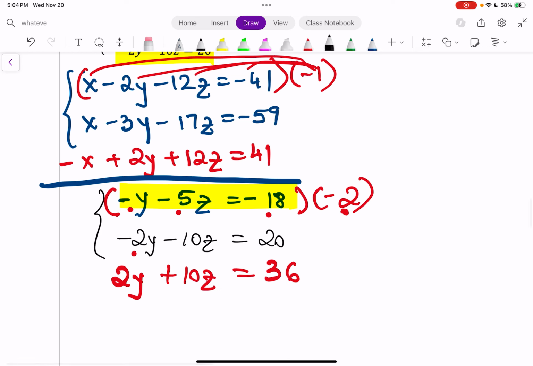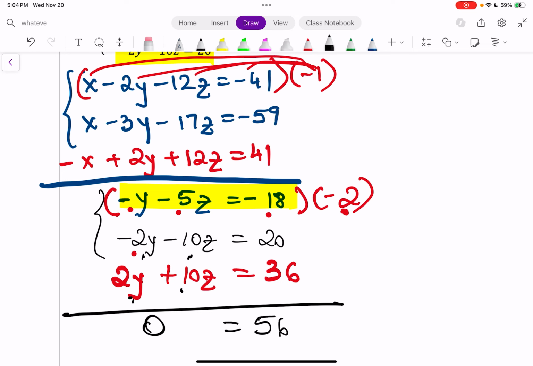And here's the tricky part, which actually turns out pretty good. If I add these equations, not only do the y's eliminate, but also the z's, since 5 goes into 10 also 2 times. So we get 0y's, well, 0x's already because there's no x's, 0y's plus 0z's equals 56, and that's just not right.